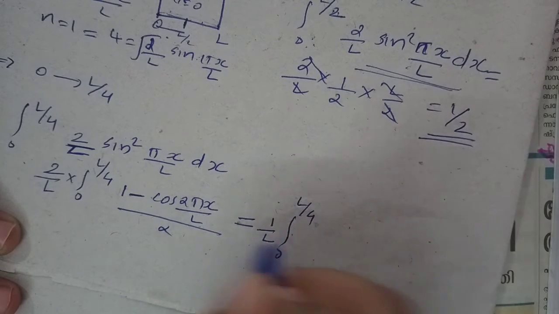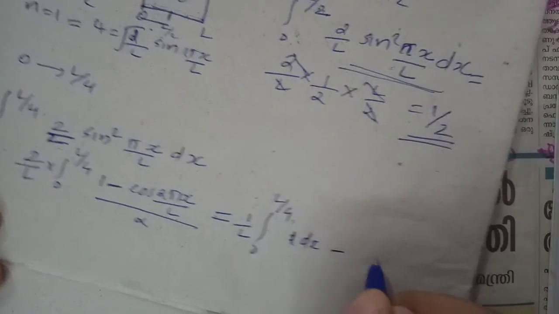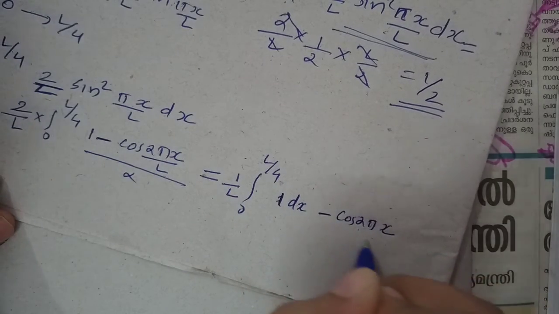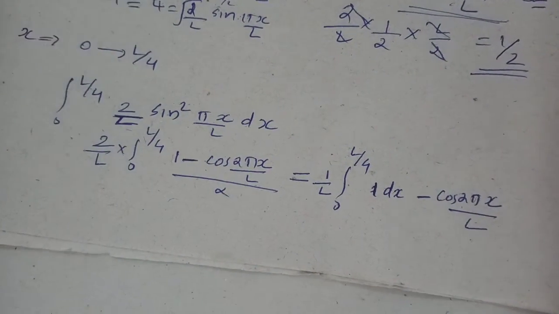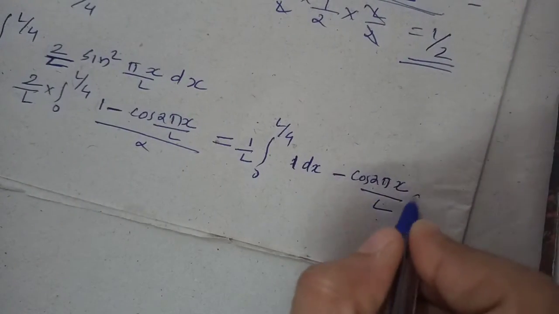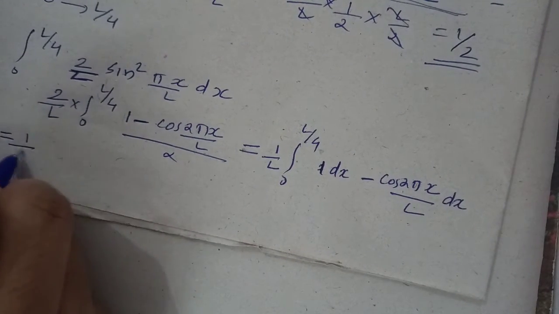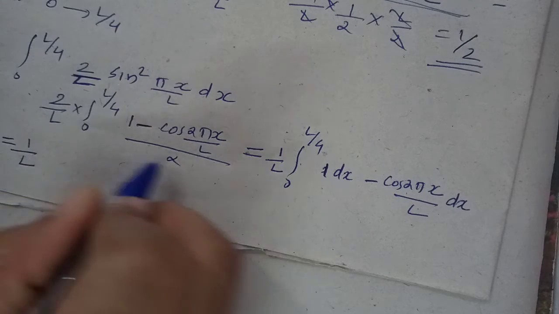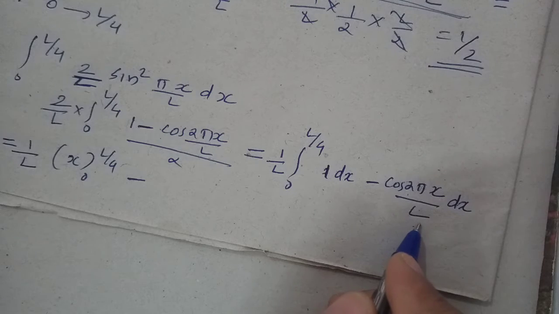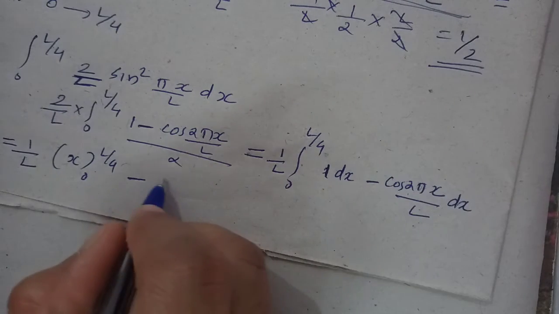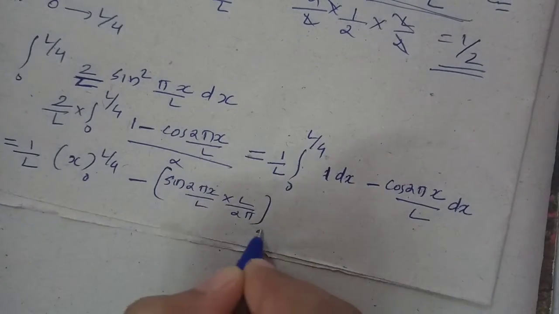So from 0 to L by 4, 1 dx minus cos 2 pi x by L dx. Okay, so we have to find the integration, that is 1 by L, integral from 0 to L by 4 of 1 dx, that is x from 0 to L by 4, minus the integral of cos 2 pi x by L, that is sine 2 pi x divided by L into L by 2 pi, from 0 to L by 4.